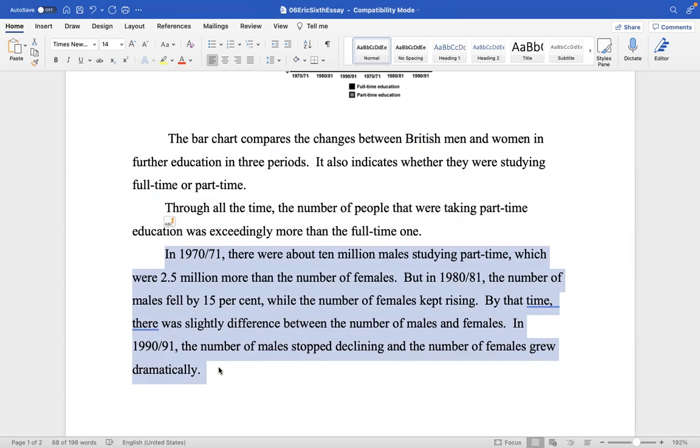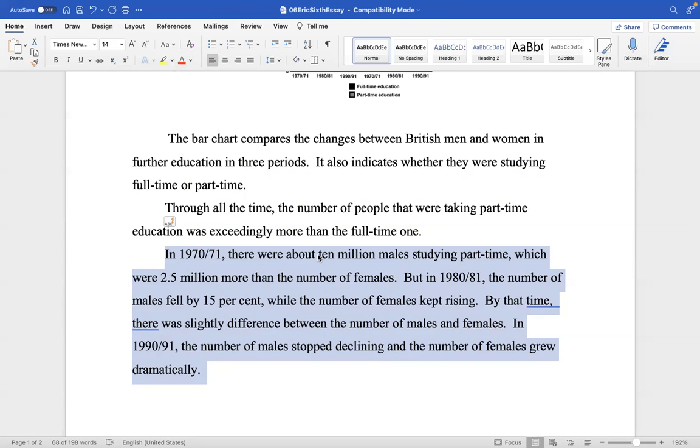So for the first paragraph, I just want to say what we can find out from the chart, and in the second paragraph, I'm trying to say that whether it's 1970 or 1990, through all the time, the number of people that are taking part-time education are a lot more than the full-time. So it's like the bigger part, and then in the third paragraph, I break it.